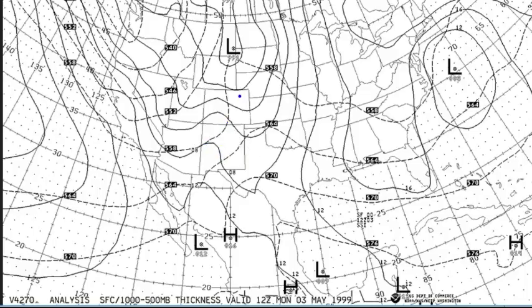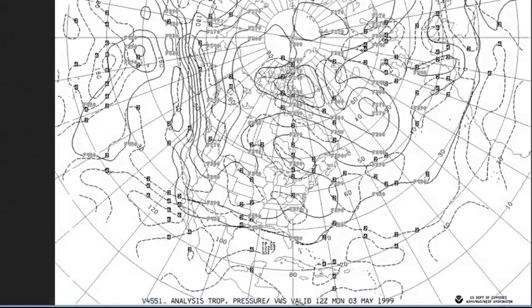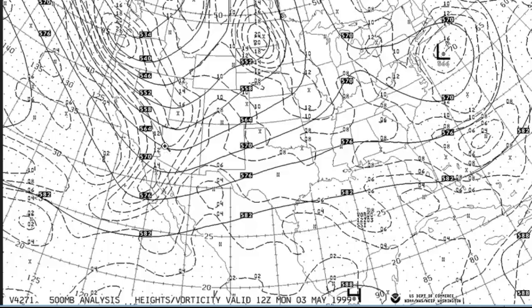But I find a lot of times when we have the main trough kind of extending down the plains around Amarillo to Midland, that's probably just lee side troughing and a dry line in place, and the main front is probably still way out to the west. So I think this probably suggests that the main front is in that area, and that kind of syncs up with that upper air analysis.